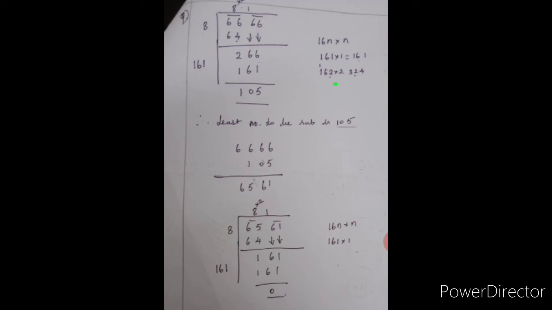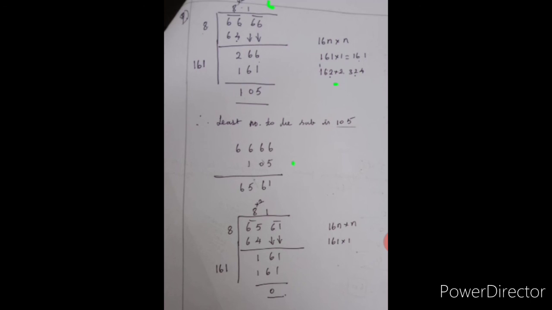So 161 into 1 is equal to 161. So write 1 in the divisor and top. So 266 minus 161 is 105. Further we can't divide the number. So the least number to be subtracted is 105.